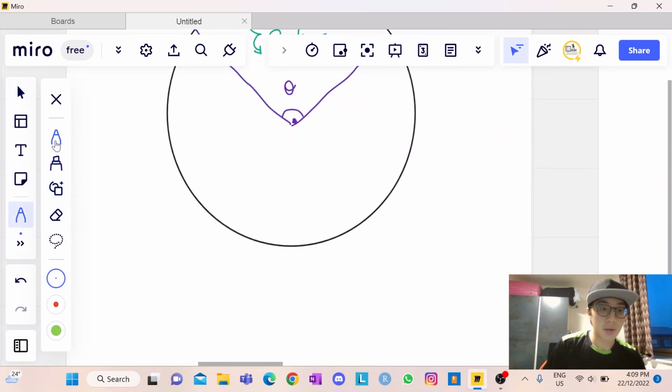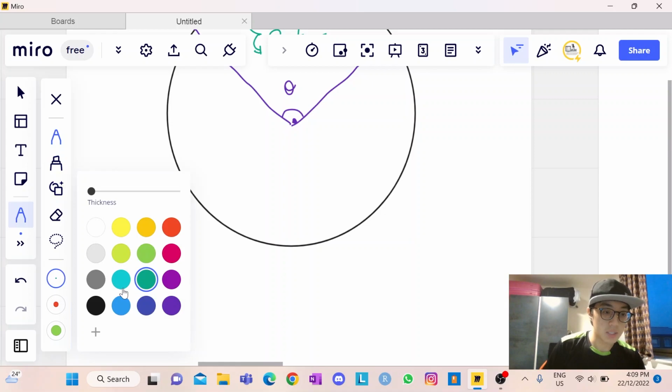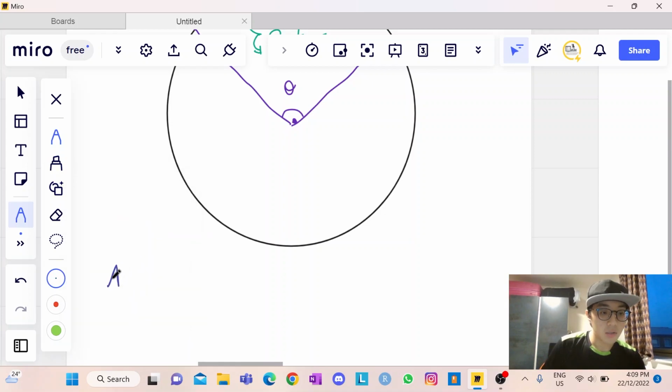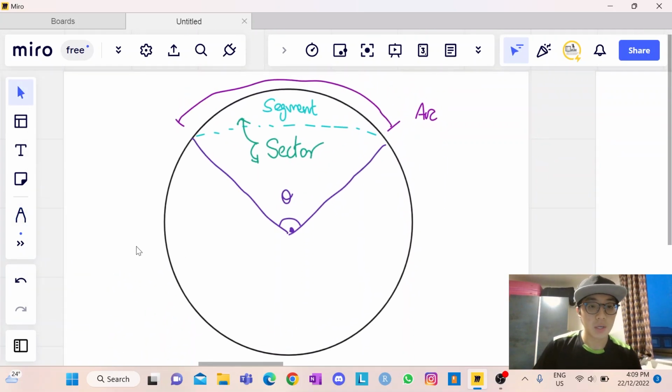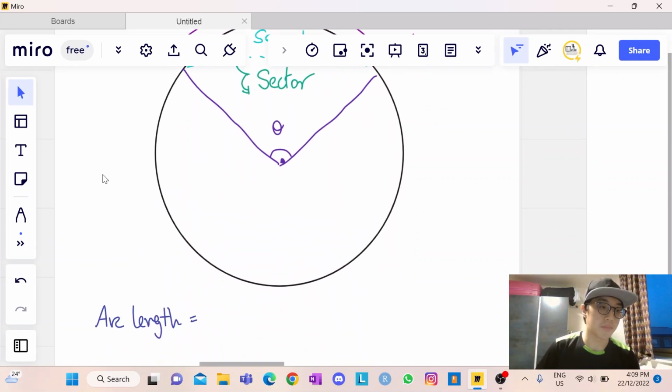There's nothing to memorize actually for this one, because arc length, as you can see from the top here, is just one part out of the whole circle. If you can derive it from the circumference of a circle, you might have an easier life.